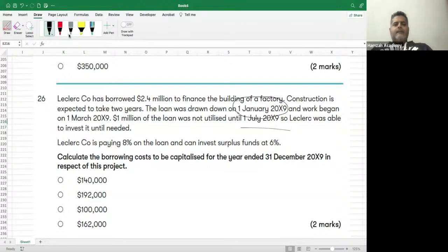And this question explicitly mentions that the 1 million of the loan was not utilized, so that is why BLAC was able to invest it. It's nowhere mentioned that 2.4 million was invested.